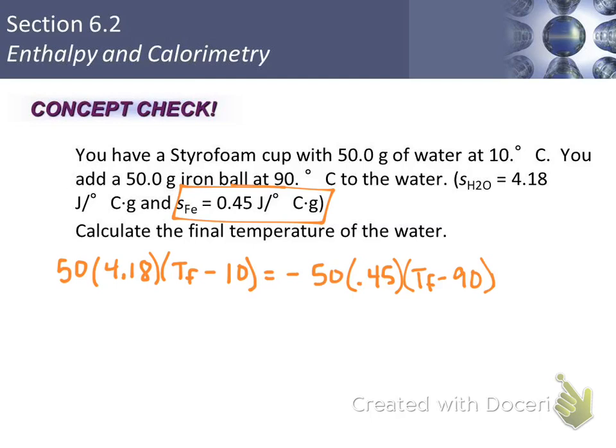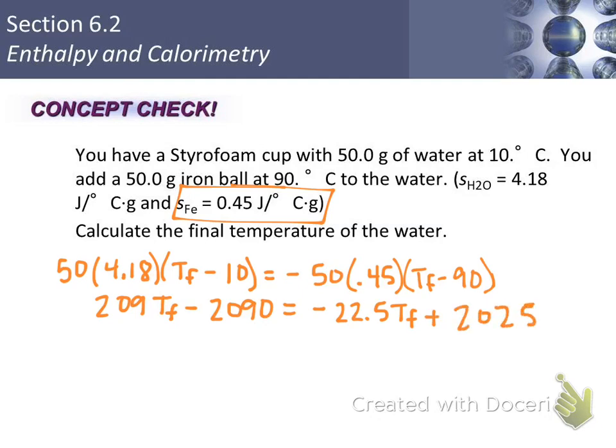Okay, so when I distribute that through, my numbers come out at 209 TF minus 2090 equals negative 22.5 TF plus 2025. These two negatives, when they multiply together, become a positive. I saw a couple people miss that also.